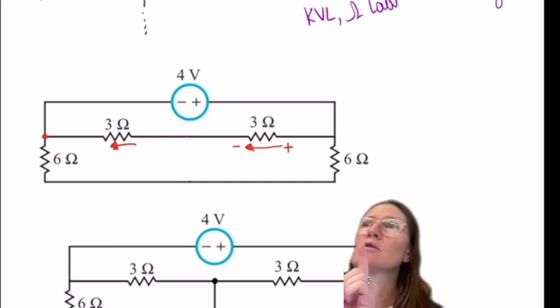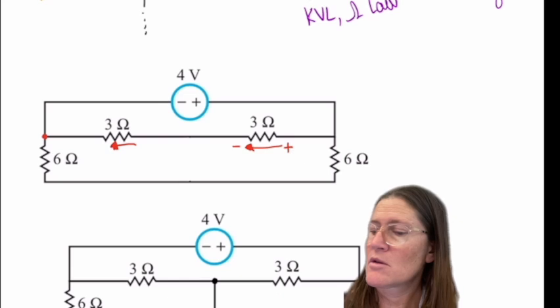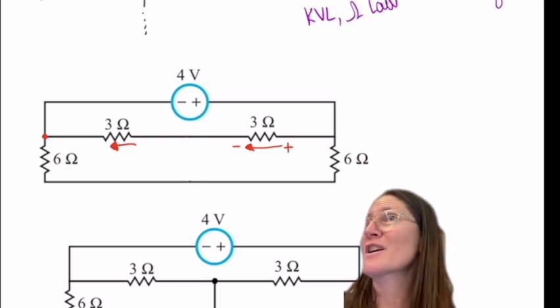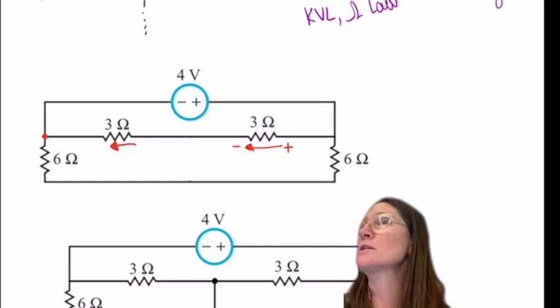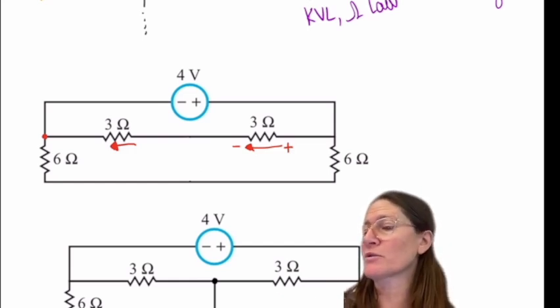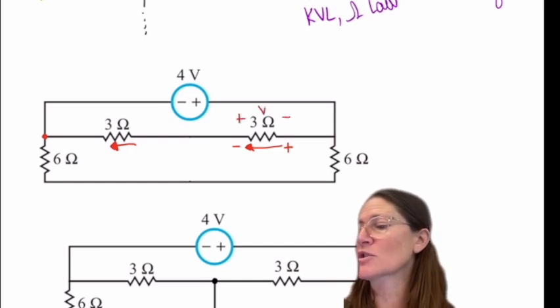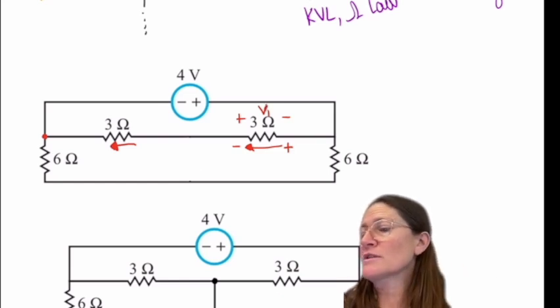The current goes in the same direction, but the voltages also have to go in the same direction just because it's one branch. So you may not know what the voltage is across an element, so you can label that one arbitrarily. You just have to decide. This one was already labeled for you as plus to minus in this direction. That was given. So then your choice is the current.